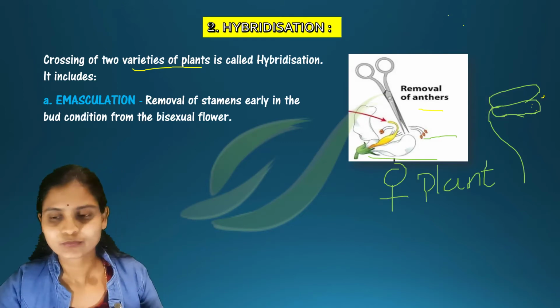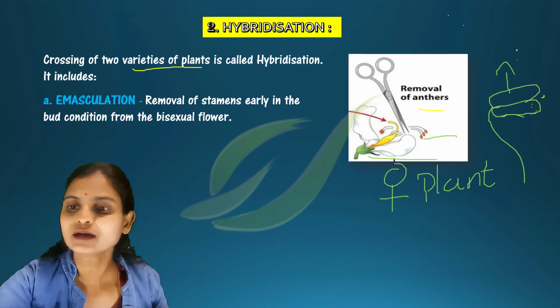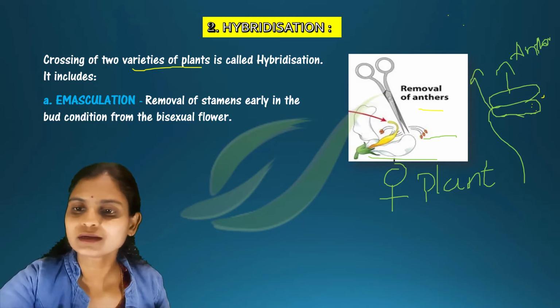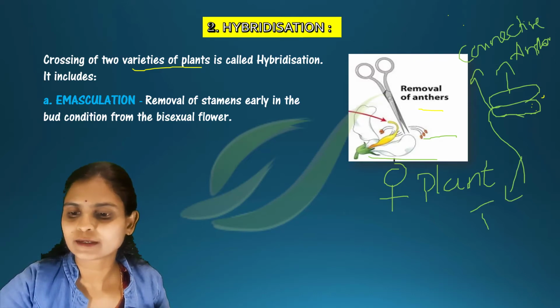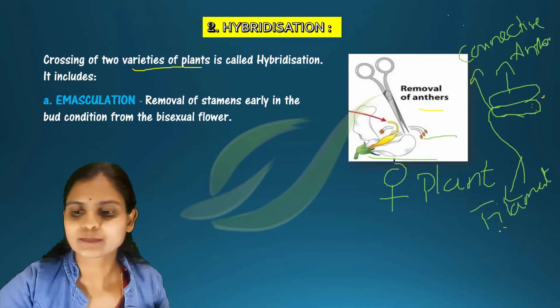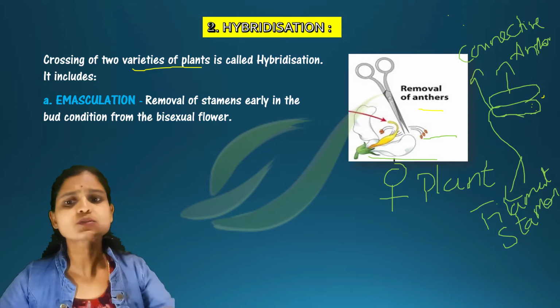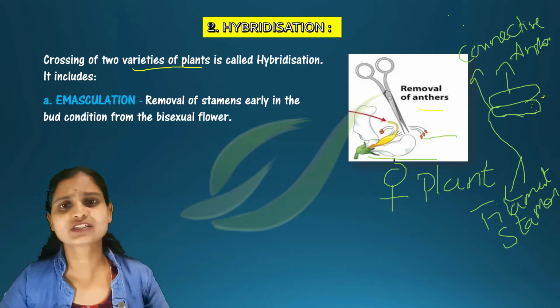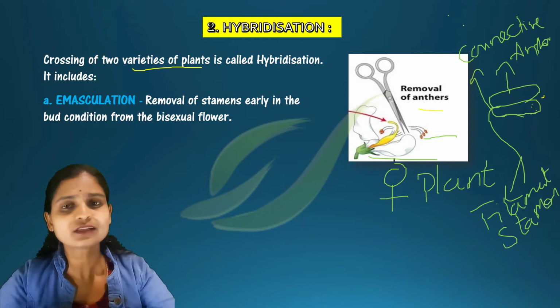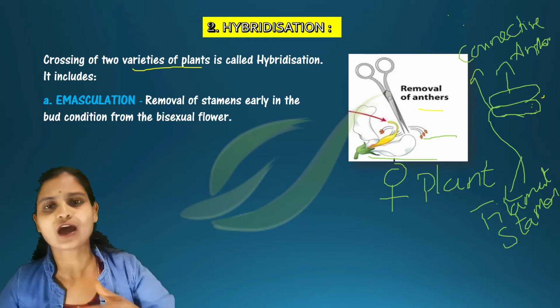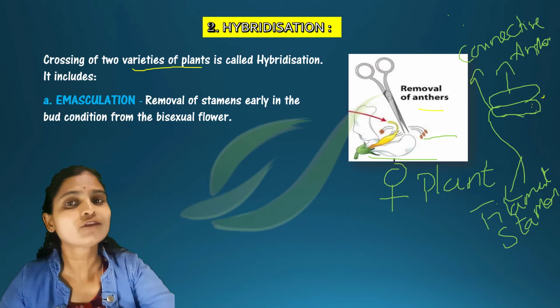This is the anther, here is the connective, and this is the filament. All three are parts of the stamen. Now if the stamens are removed, then the flower is nothing but a female flower.